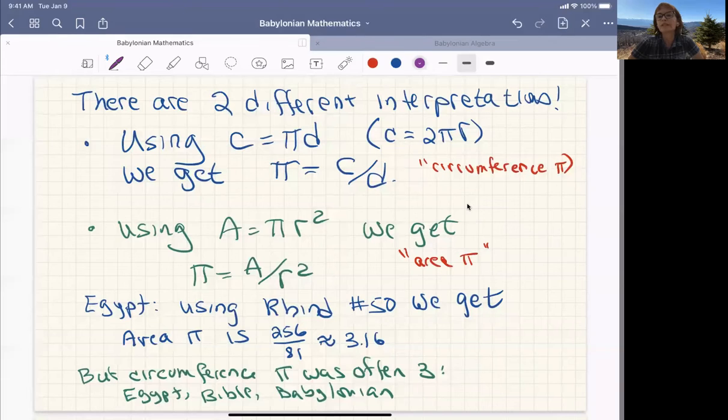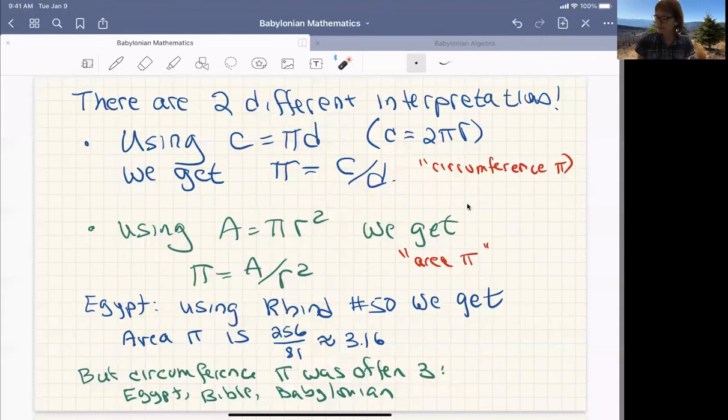So one interpretation of pi is what I'm referring to as circumference pi.